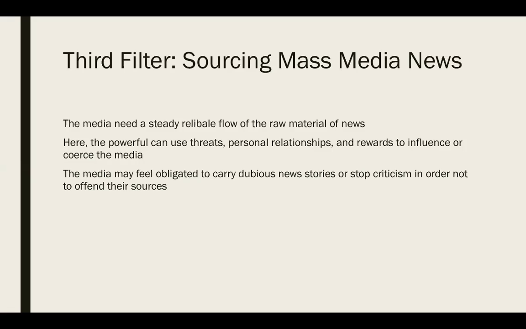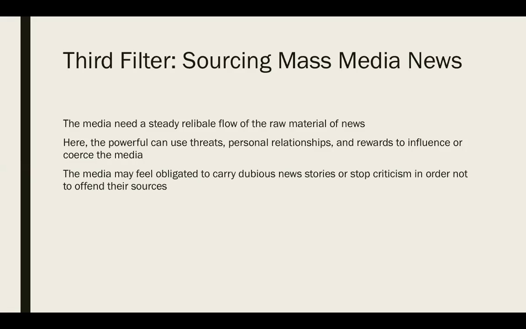So these places are sources. And the journalists have their connections with people who work in the Pentagon, the White House, or Congress, because these are the places from where raw material comes for journalists.